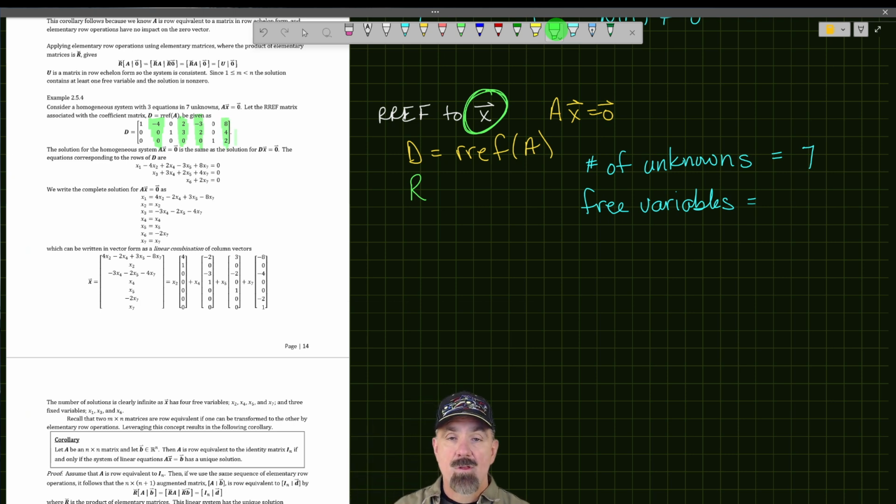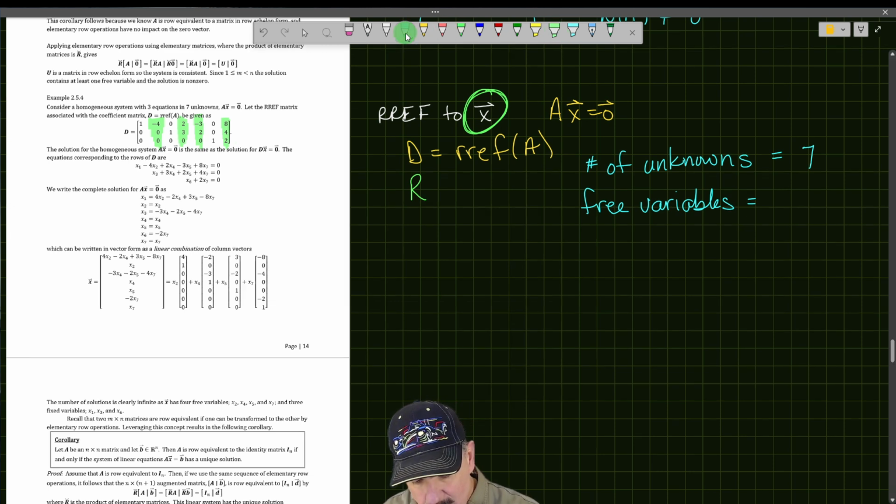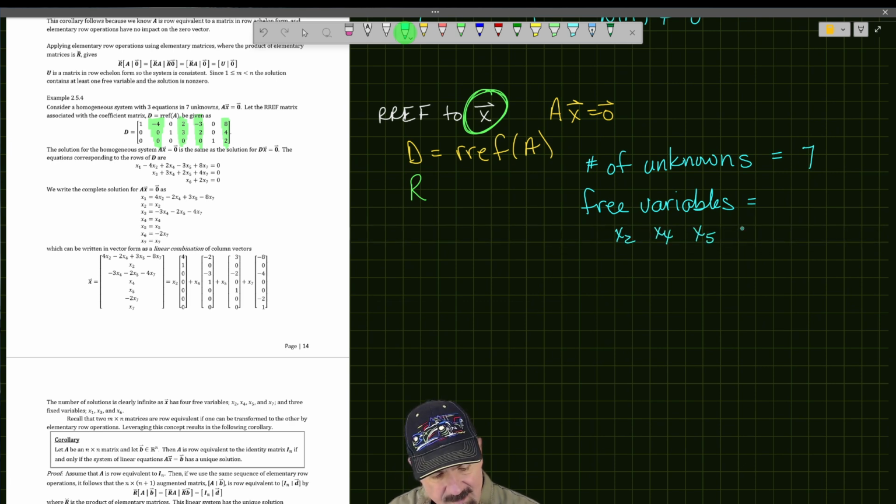So we have 3 pivot columns, and we have these 4 non-pivot columns. So our free variables are x2, x4, x5, and x7. We have 4 free variables.